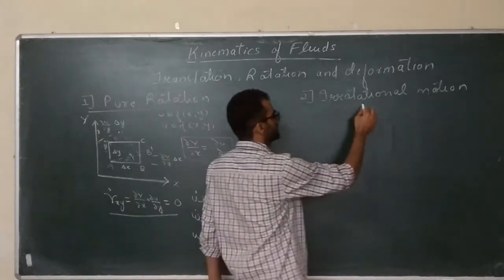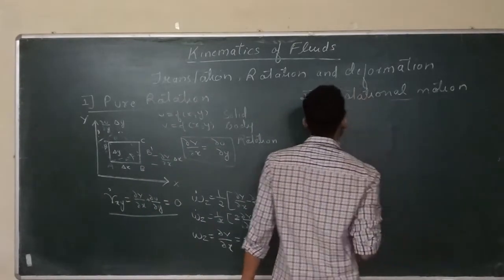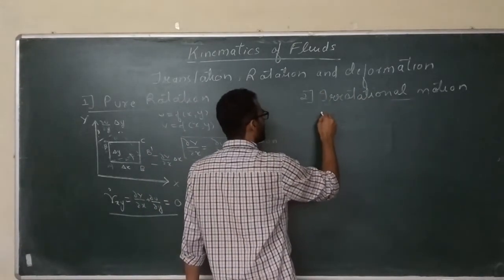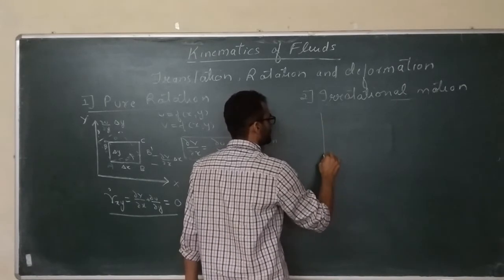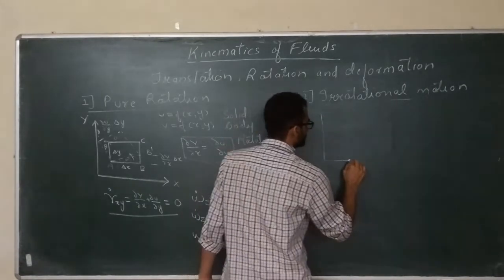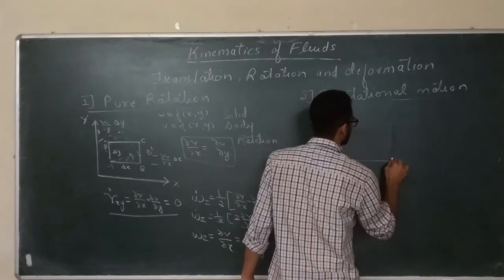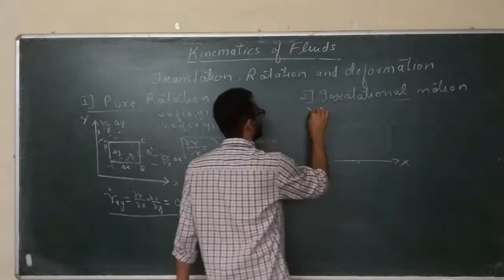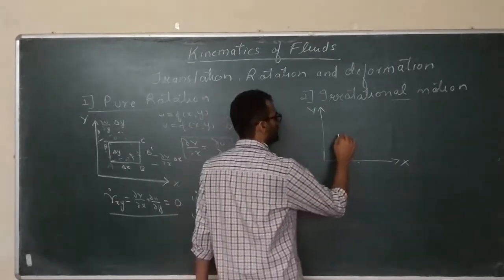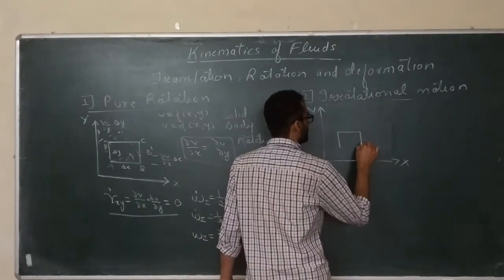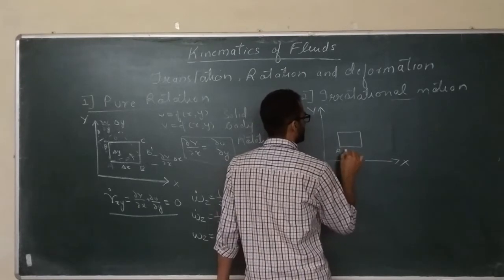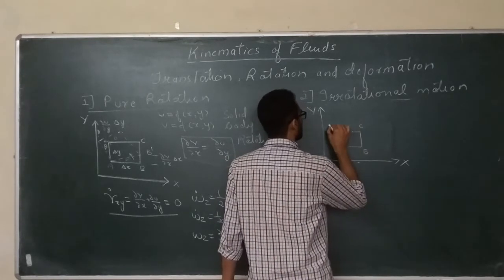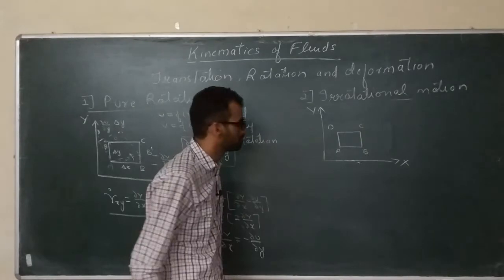The second case is irrotational motion. Now here again, in a two-dimensional fluid, we have an element like this, ABCD.